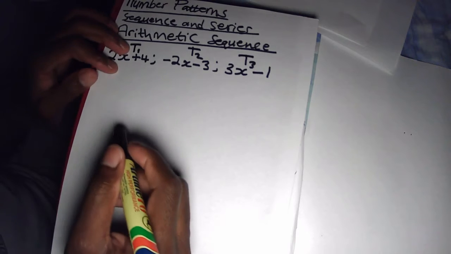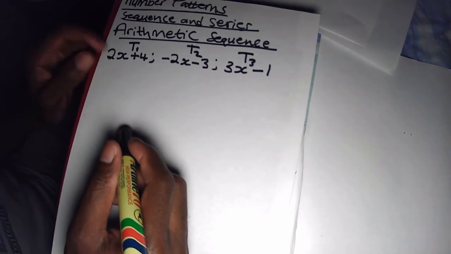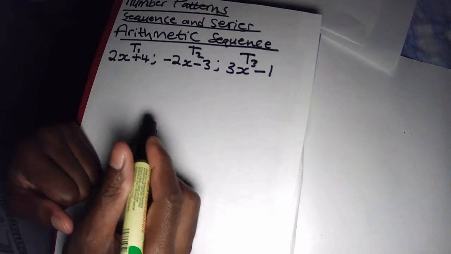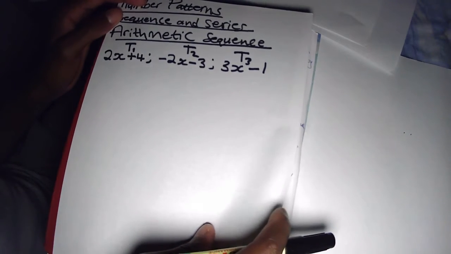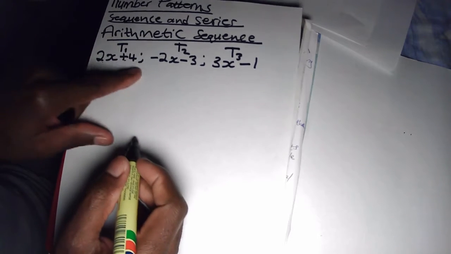So we are told that this is an arithmetic sequence, so we have to calculate the common difference. Yes, let us try to calculate the common difference. This 2x plus 4 is a single term.